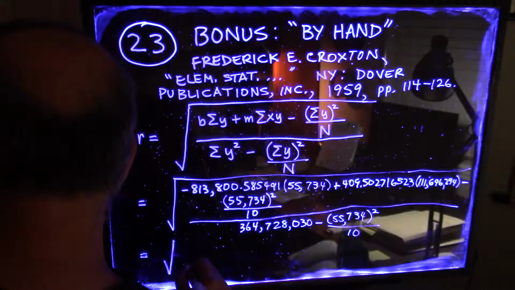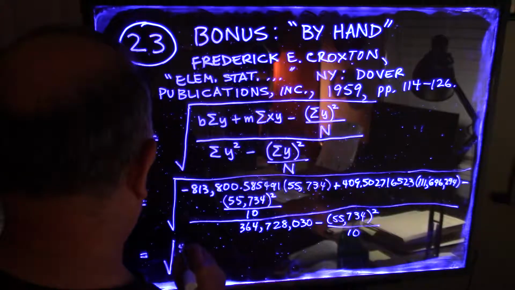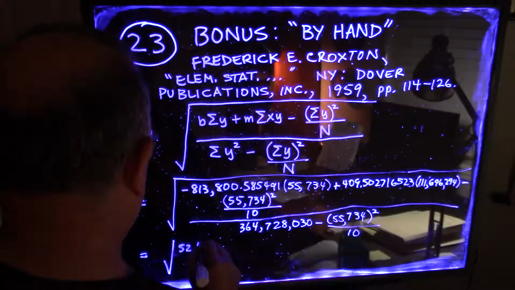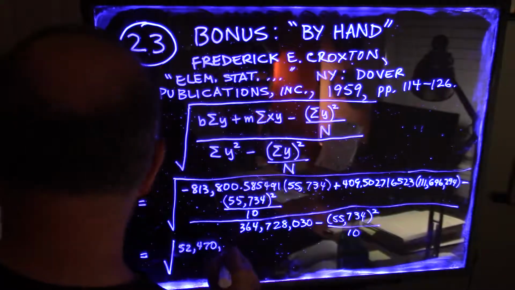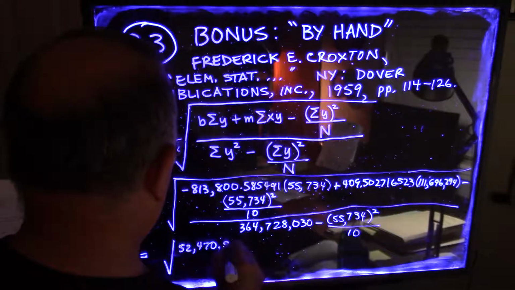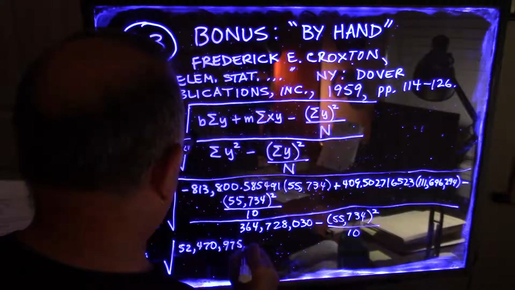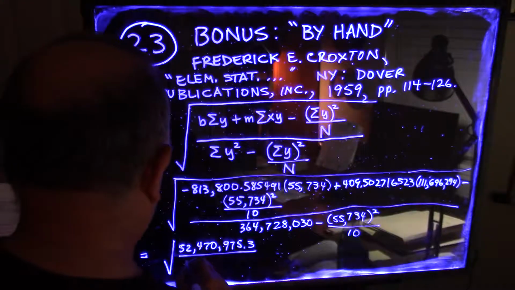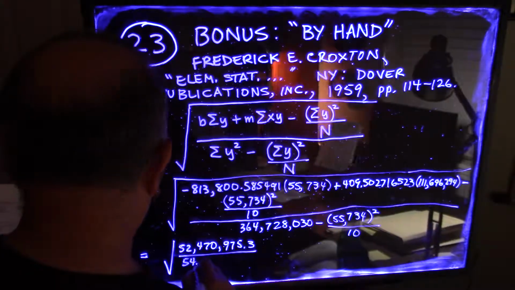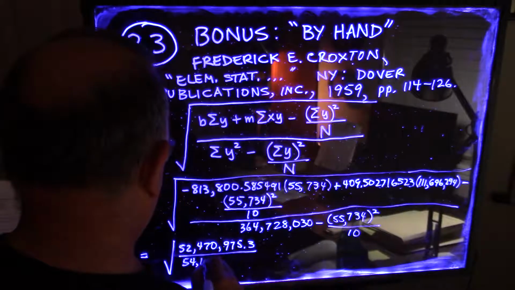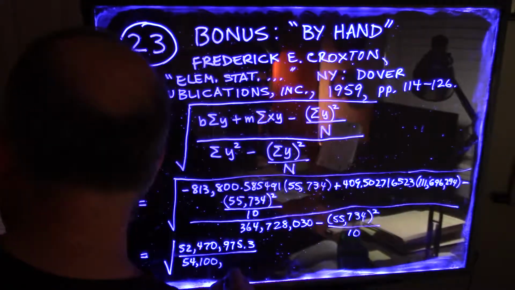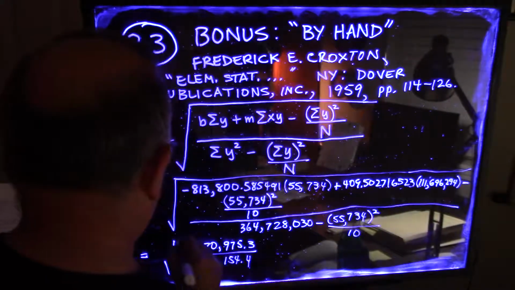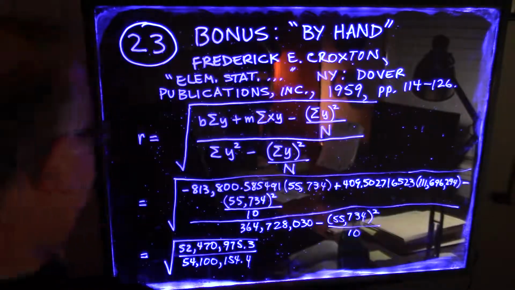We've got 52,470,975.3 over 54,100,154.4, and then you take the square root of that.